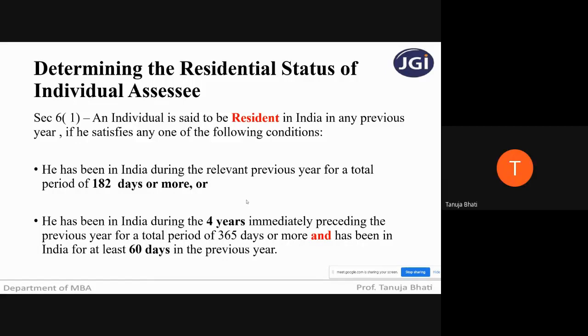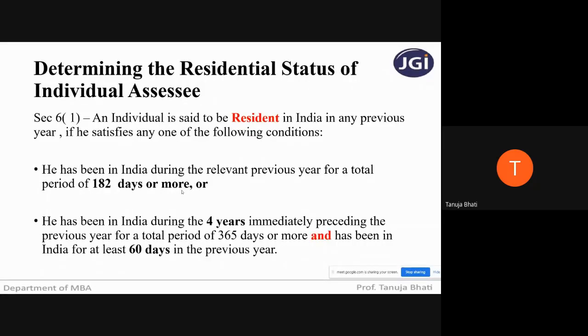Okay, thank you, ma'am. So this slide was just telling us whether an individual is a resident or a non-resident. Now, I hope everyone knows if he is fulfilling both the conditions or only one of the conditions, he is a resident. If he is not fulfilling either condition, he is a non-resident.